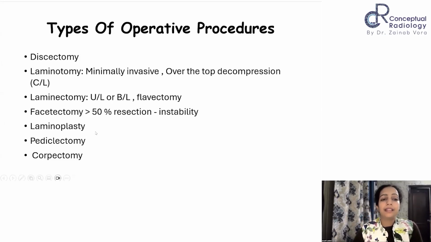Then laminoplasty is when they do laminotomy or laminectomy, they try to limit the associated instability. So they mostly use some wires to close that open space, mostly associated with laminectomy if they have to. Pediculectomy, removing the pedicle.